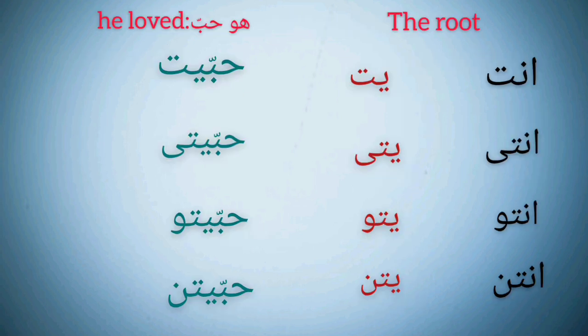But for conjugating these pronouns, for mutakallim and mukhatab, we're going to have some different changes. For example, in the previous lesson we added just it, but here we have to add yet. For example, انت حبيت, you loved.